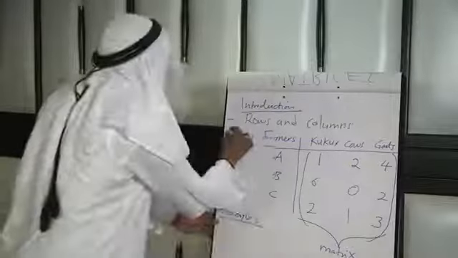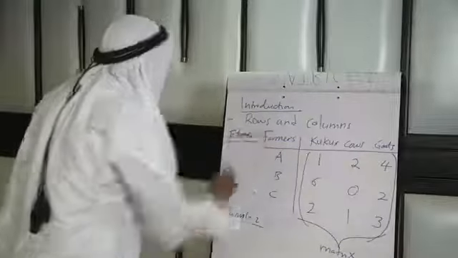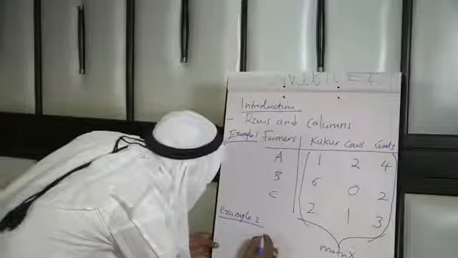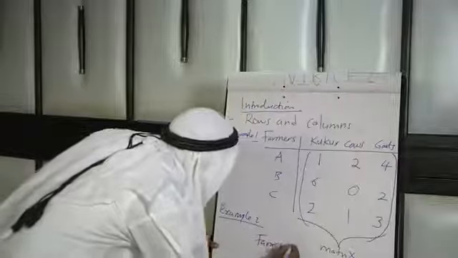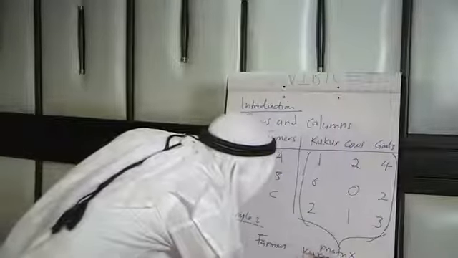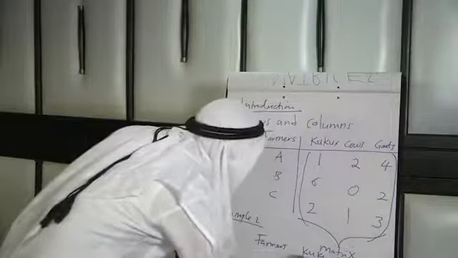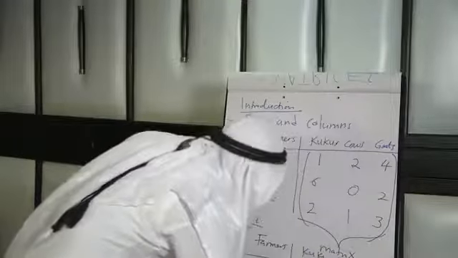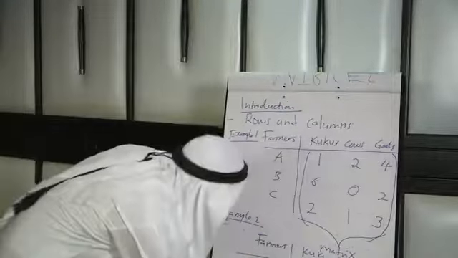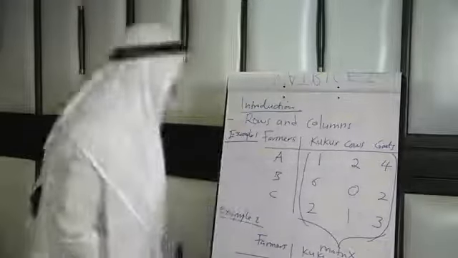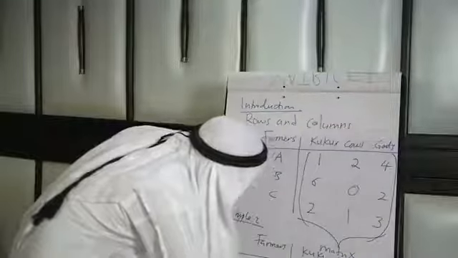Suppose again we have another example. Example 2. This is example 1. Suppose we have again the farmers, and the chickens, the cows, and the goats. So here we can have farmer D, farmer E, and farmer F. Farmer D has 2 chickens, 4 cows, 6 goats. Farmer E has 1 chicken, 2 cows, 10 goats.